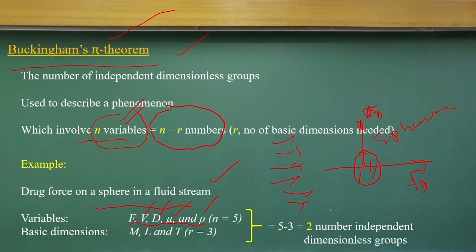So, we can make 2 independent dimensionless groups. Is it correct? It's very easy: we find the dependent and independent variables, count them, subtract the 3 basic dimensions, mass, length and time, and find that we can have 2 independent dimensionless groups.